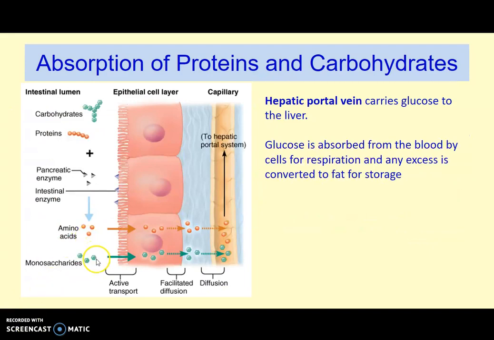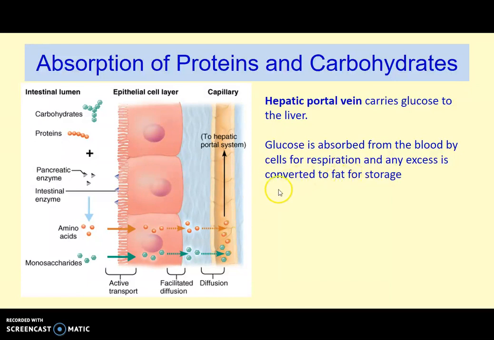Now, here we have another diagram that shows those epithelial cells with the microvilli on the outside of them. And here's a capillary, just to remember that actually the hepatic portal vein carries glucose to the liver. Most of those blood vessels will flow into this vein to the liver. Glucose is absorbed from the blood by cells for respiration, either aerobic or anaerobic.